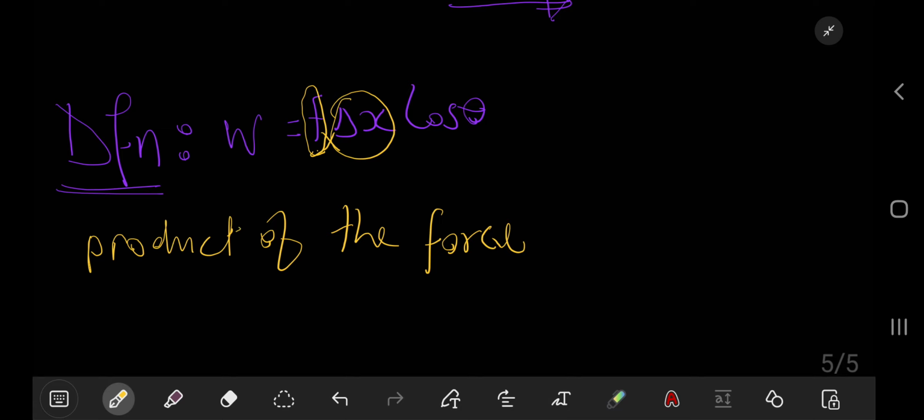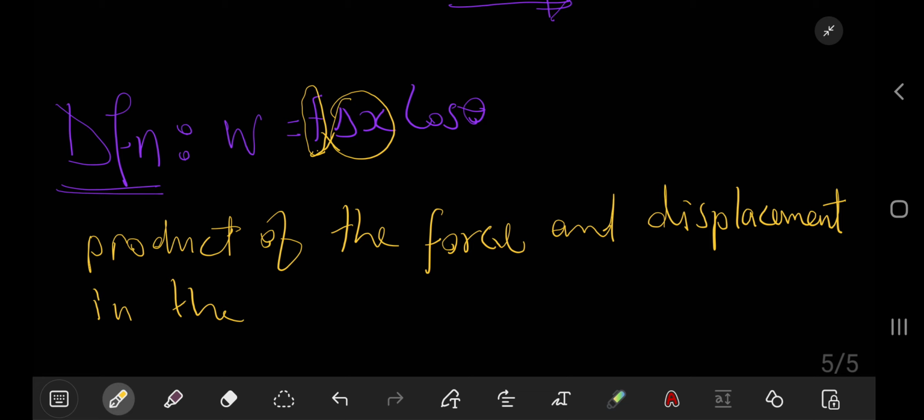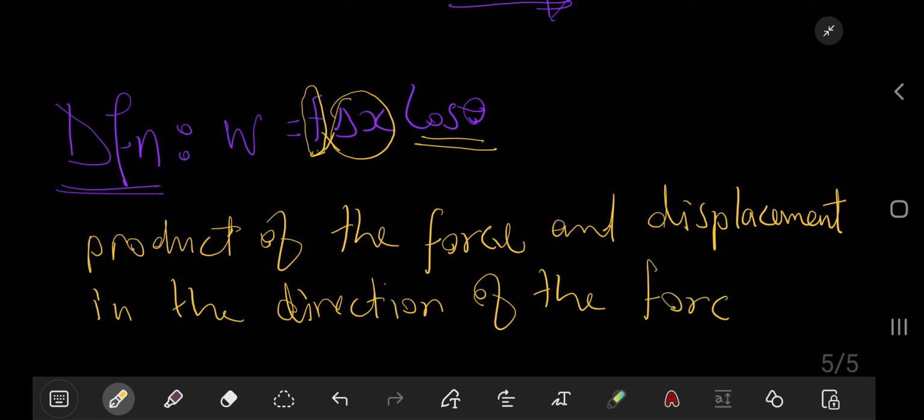So it's the product of the force and displacement in the direction of the force. So this cos theta is actually taking the displacement to the direction of the force. So it's in the direction of the force.